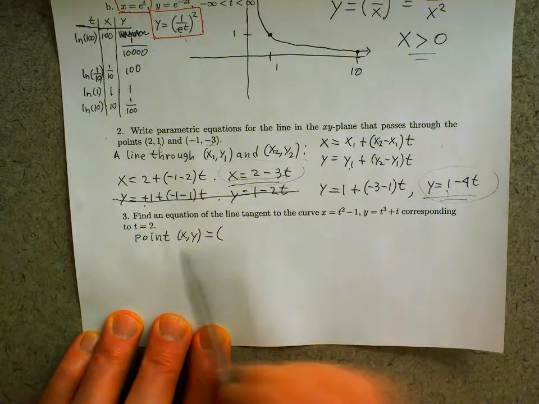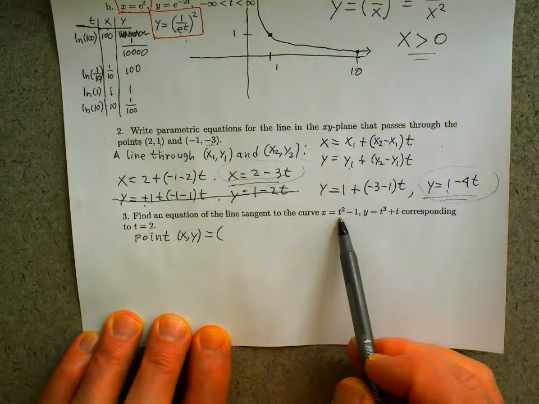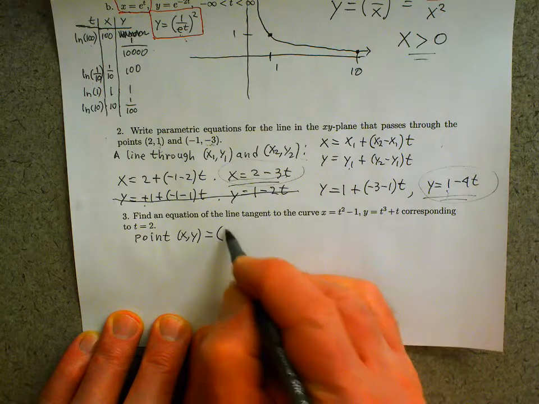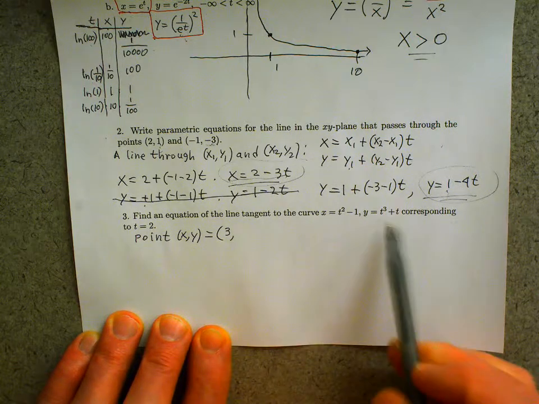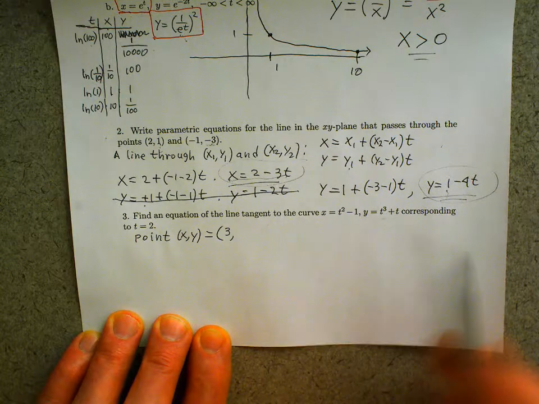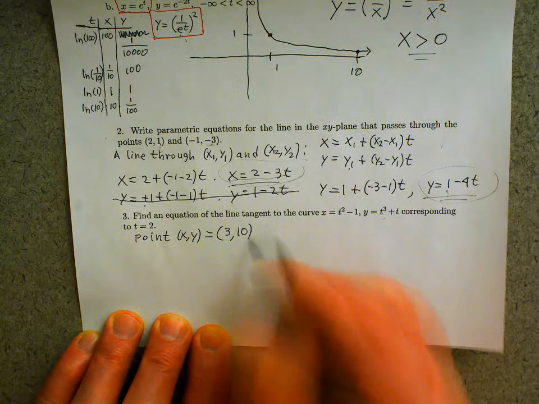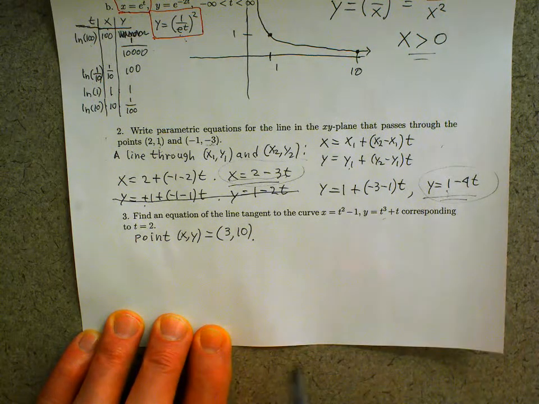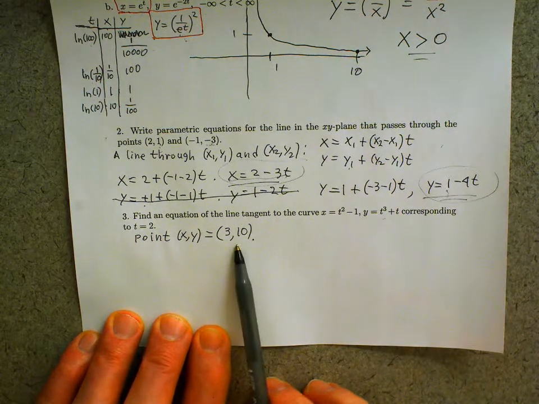So when t is 2, the x-coordinate is 2 squared minus 1, or 3. And the y-coordinate, 2 to the third plus 2, is 10. Okay, that's the point on the curve that the tangent line is going to pass through.